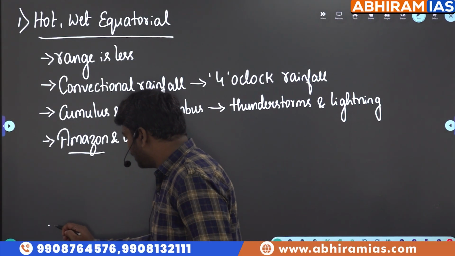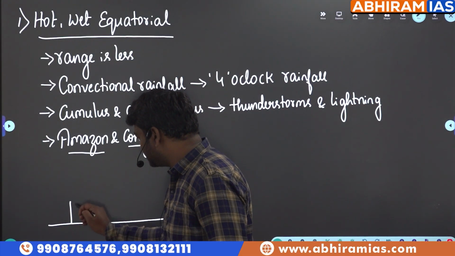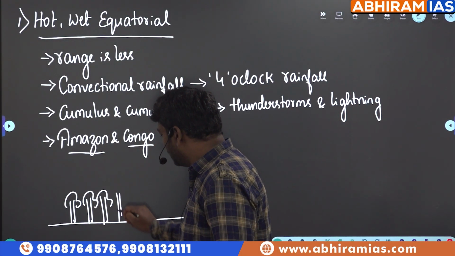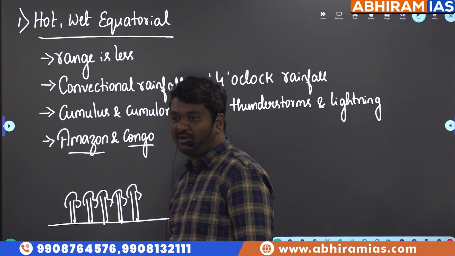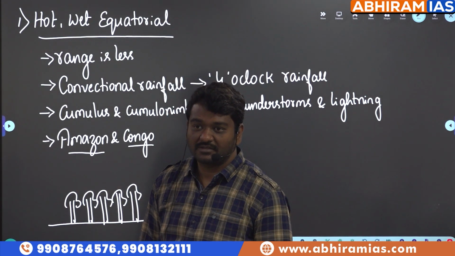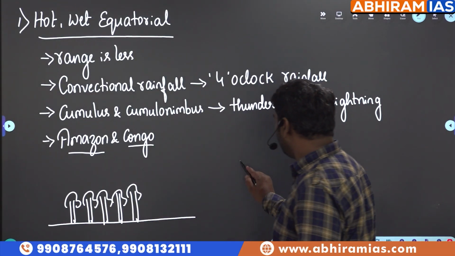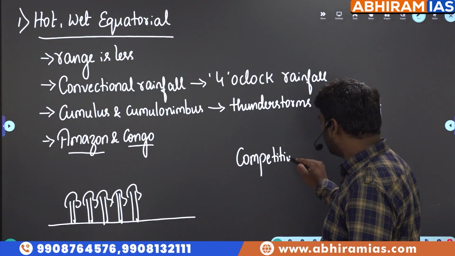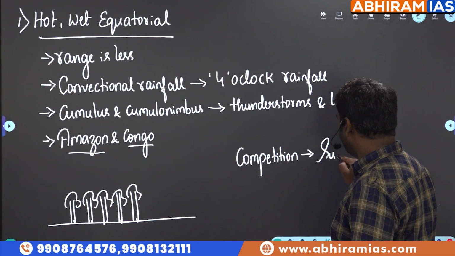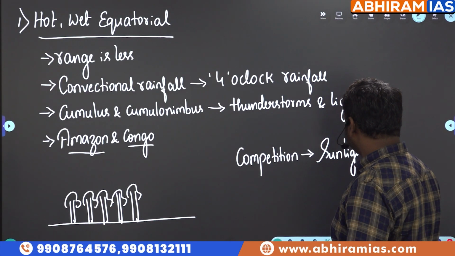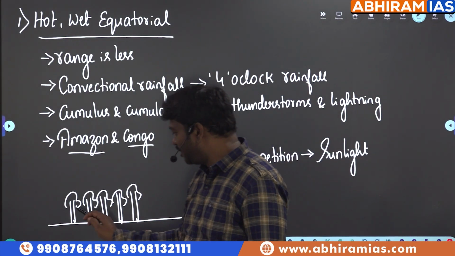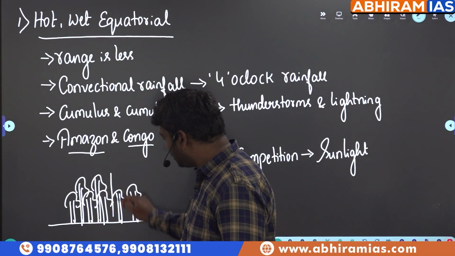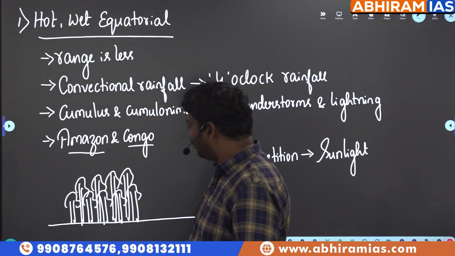Next, guys, everyday rainfall means, will you have evergreen forest? Yes. Do they have a problem for rainfall or a problem for sunlight? Sunlight. So, competition is for what? Sunlight. Now, when competition is for sunlight, can we say more trees grow?